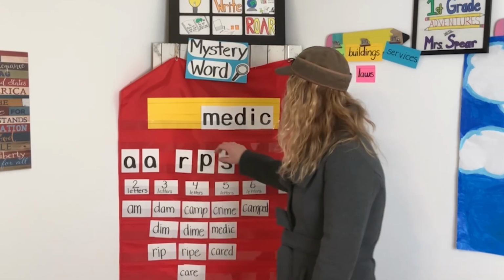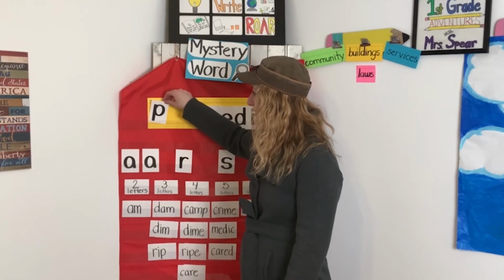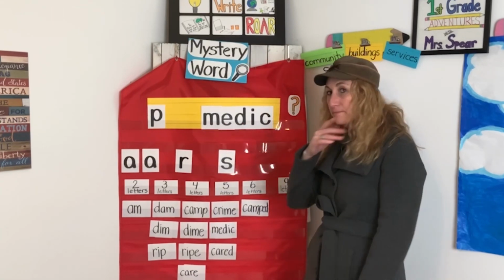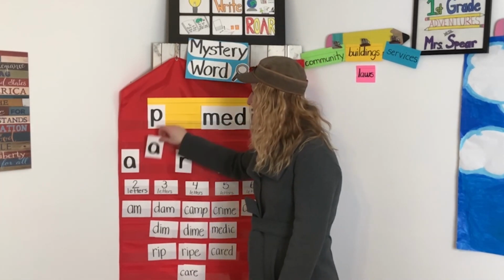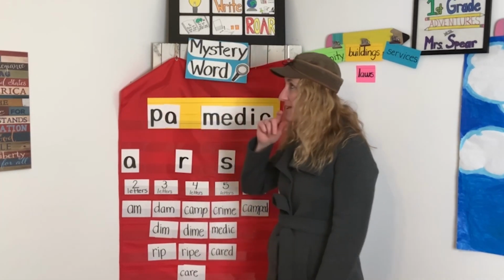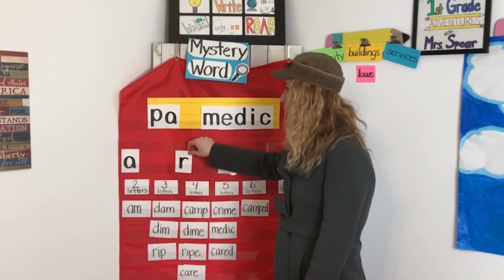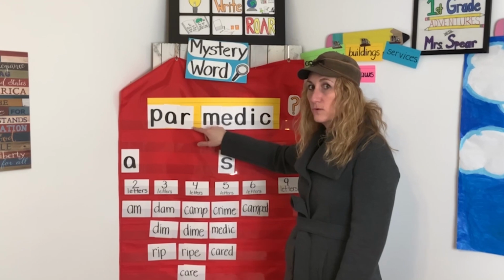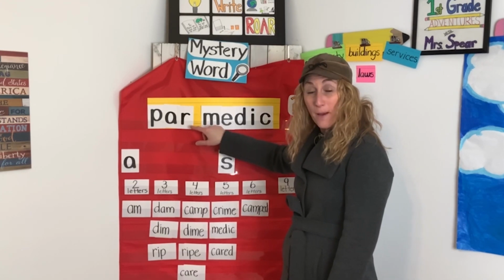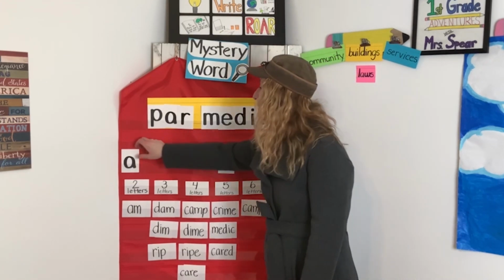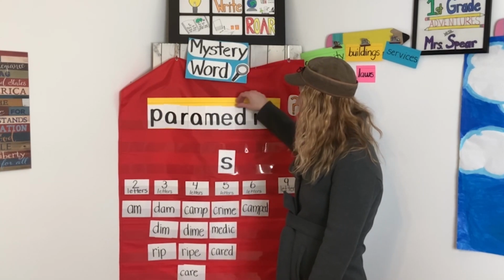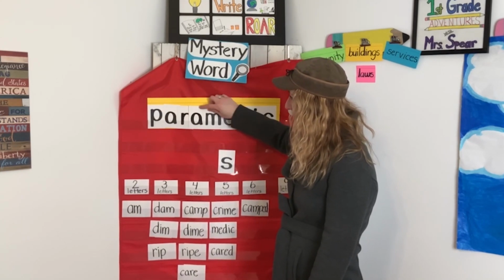I'll give you a hint. It starts with a P. Medic. Here's another one. Paramedic. What's funny is, in the word para, the A kind of makes an uh sound.